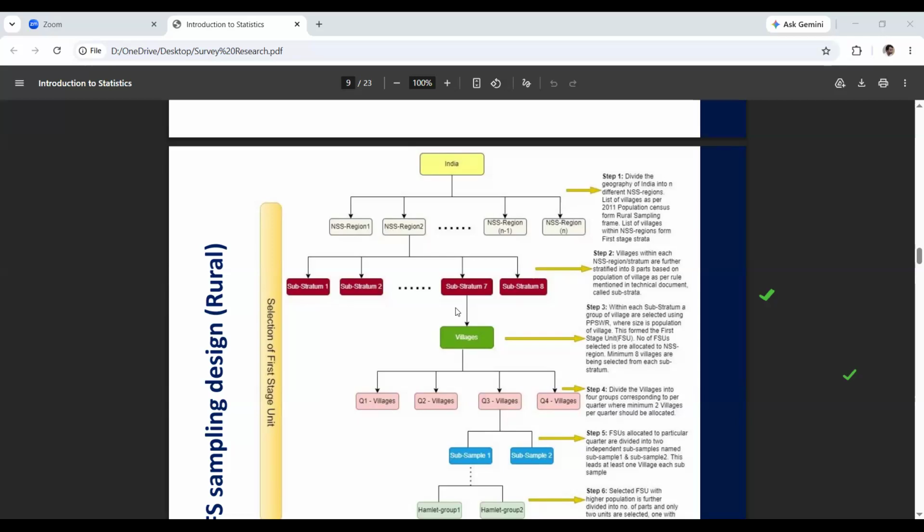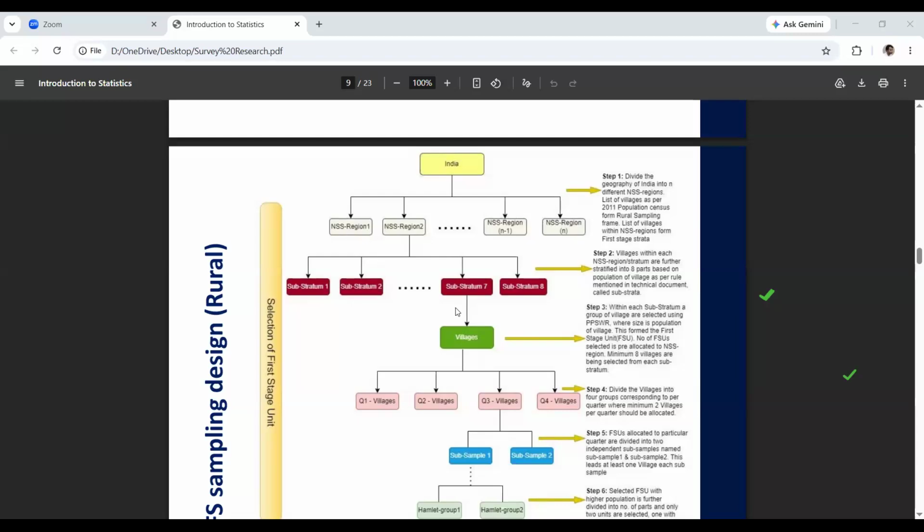So we get some more information along with the list of villages. And if a village has less than 40 households, we merge that village with a nearby village, nearby in terms of geography. So finally we have the list of all villages having 40 plus households as per Census 2011. And these villages are divided into 8 sub-strata.